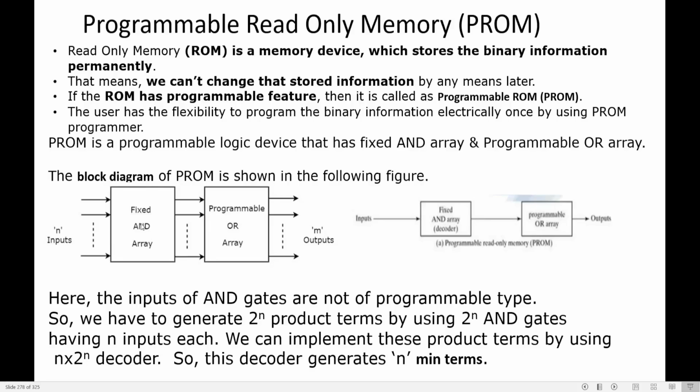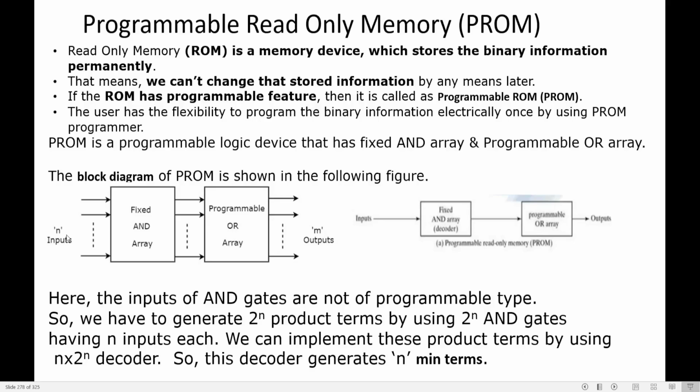Clear? Since the AND gates are fixed, you cannot program them. If I give n inputs, I should have 2 power n product terms, right? If I have n inputs, I need to have 2 power n AND gates.